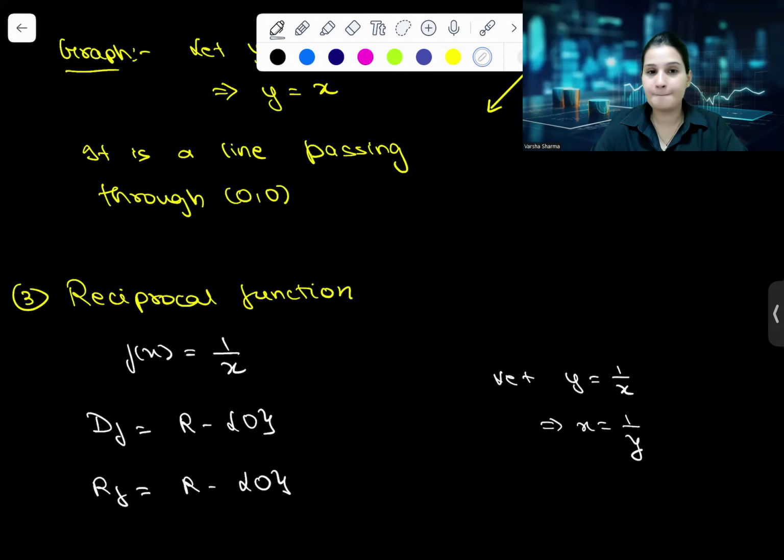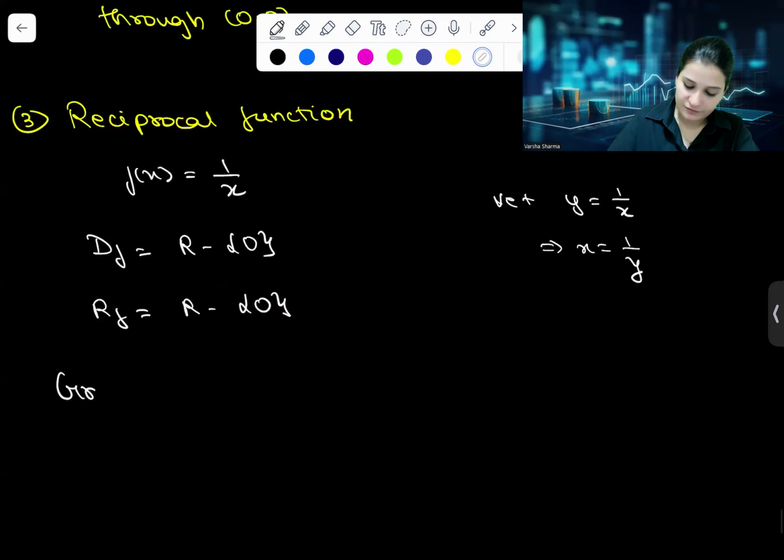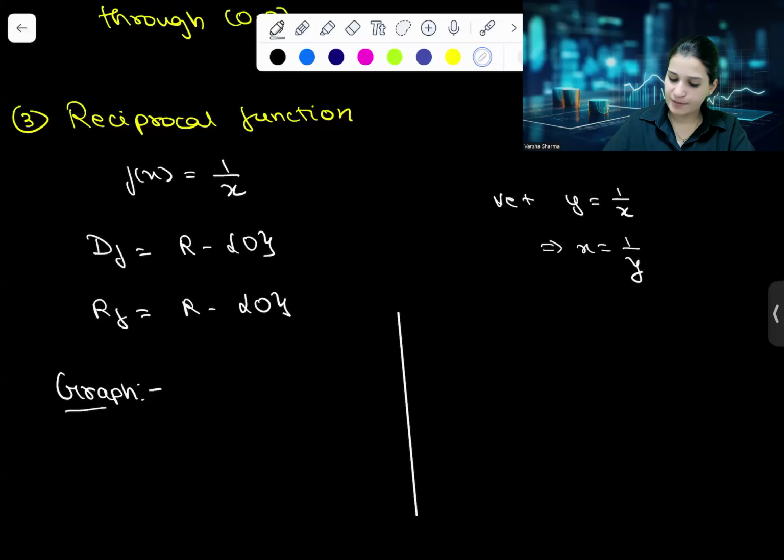Clear? Yes, ma'am. Now, if I draw the graph here, just memorize this part.